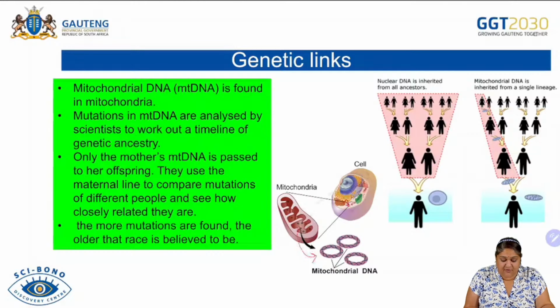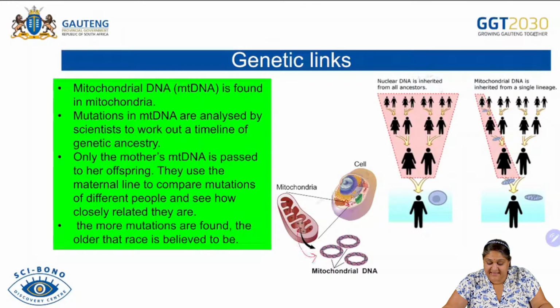So that's what it's saying over here. They use the maternal line because they've got the mitochondrial DNA. They use the maternal line to compare the mutations of different people to see how closely related they are. So if we look at this diagram over here, nuclear DNA is inherited from all ancestors. You can see that the nuclear DNA is being passed down from everybody.